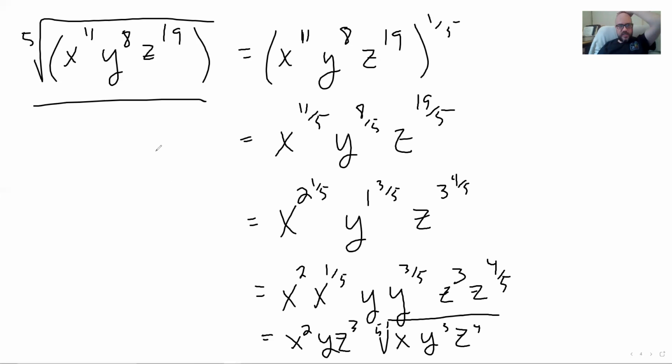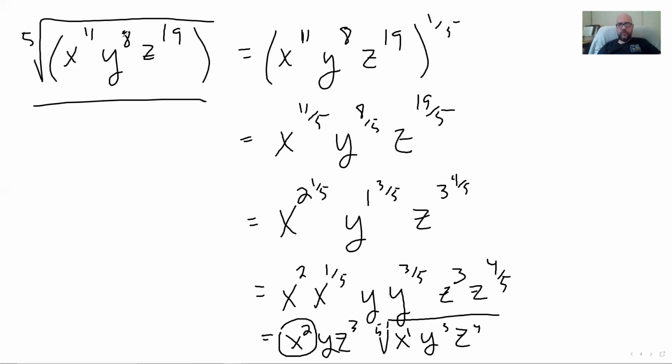What I'm really doing is asking myself, how many times does 5 go into 11, and how many are left over? Well, it goes in twice. So I have 2 x's coming out, and there's 1 x left over. That's the thing on the inside, the thing that I couldn't simplify. Similarly, how many times does 5 go into 8?